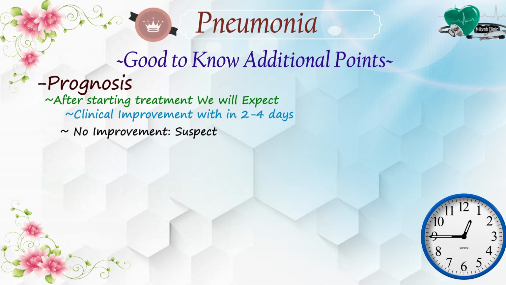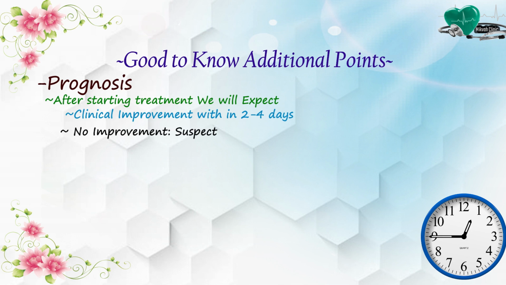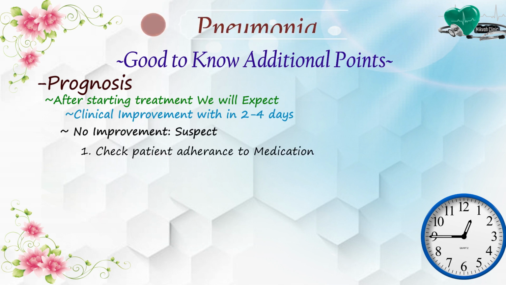Always start with the adherence of the patient to the drug, whether he is appropriately taking the medications you prescribed. If he is not taking, we don't expect improvement. So we have to assess whether he is taking the medications, and if he is taking, whether he is taking the appropriate dose of the medications.